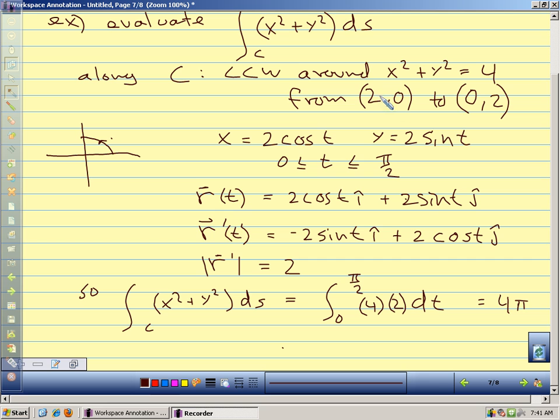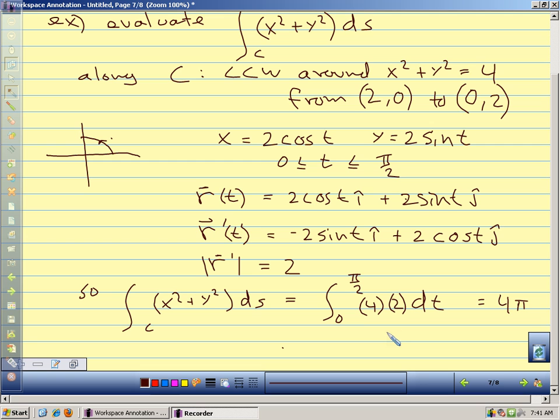Parameterize our curve, represent our function in terms of the parameterization, and ds becomes r prime dt. Plug that in and evaluate. Let's see, we get 8 dt, so we get 8t from 0 to pi over 2. We good?